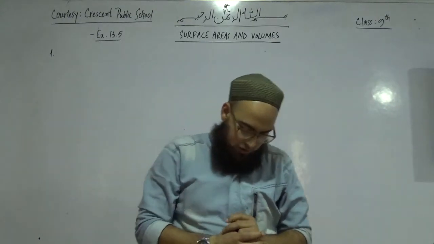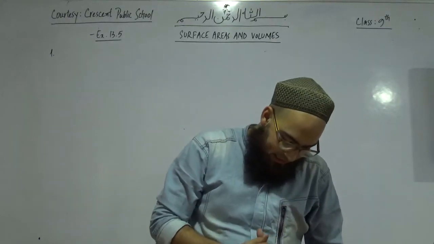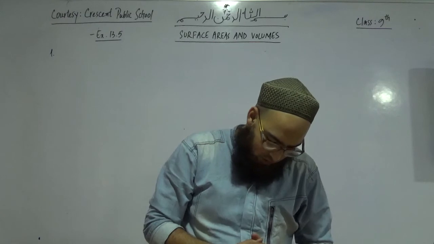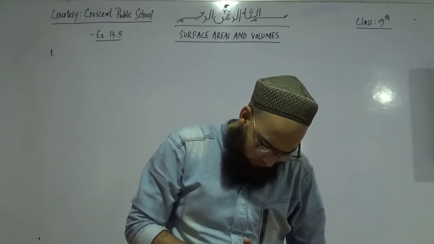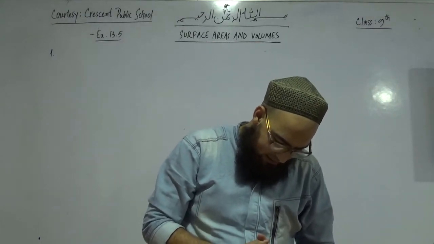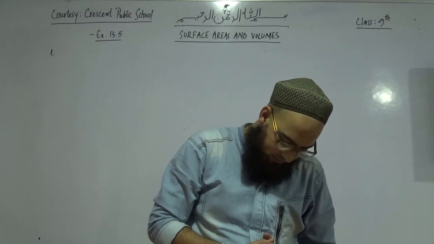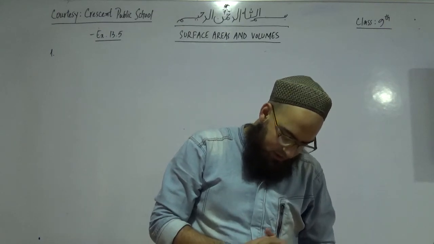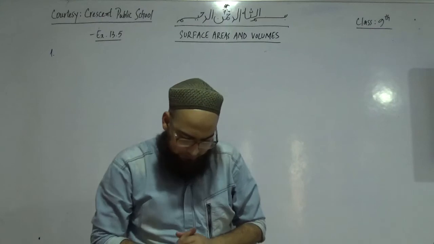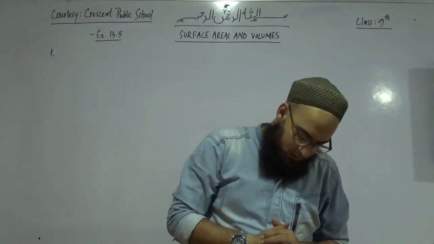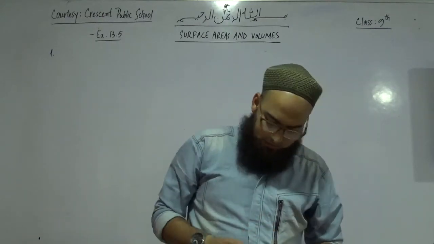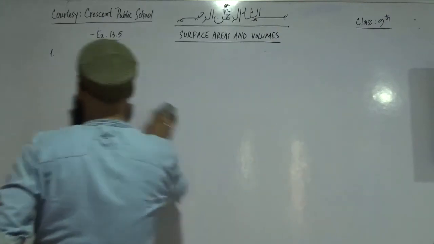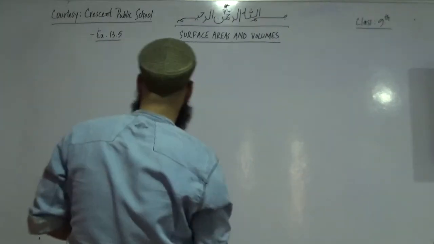Question number 5. The capacity of the cuboidal tank is 50,000 liters of water. Find the breadth of the tank if its length and depth are respectively 2.5 and 10 meters. It's again the same as question number 3. But before that you need to convert this, let me show question number 5. See how it works.